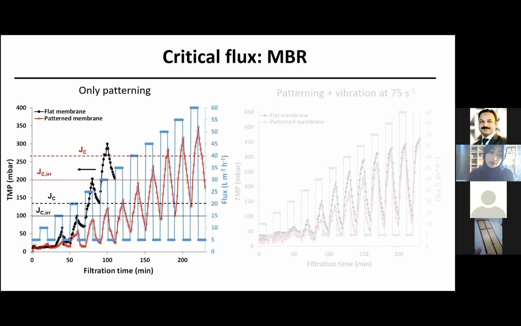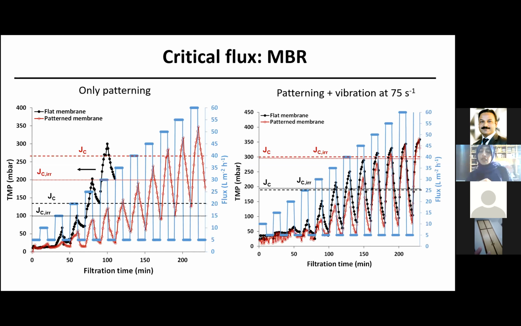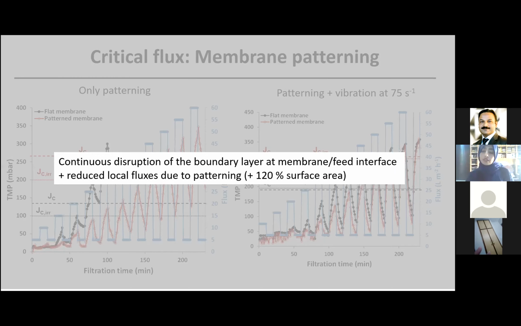Although there was no significant increase in critical flux, the critical flux for irreversibility was increased by a significant margin, suggesting that this addition of vibration was very effective in continuously disrupting the boundary layer formed at the membrane interface, and therefore it was effective in reversing or removing the already present foulants on the membrane, which could be shown experimentally by this higher critical flux for irreversibility.